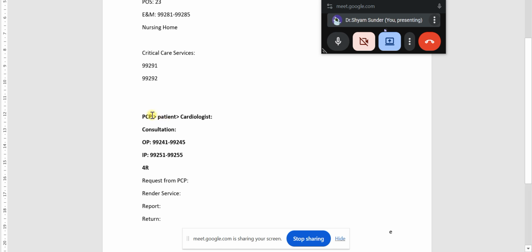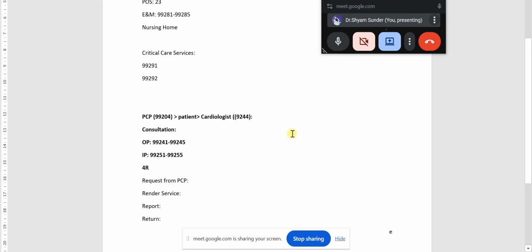After examining the patient with chest pain and diagnosing chest pain, PCP will bill 99203 or 204, whatever, for his service. Now the patient is going to the cardiologist. The cardiologist is providing consultation. Now the cardiologist will bill for the same patient 99244.